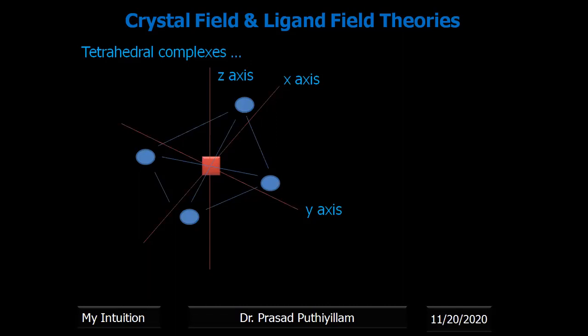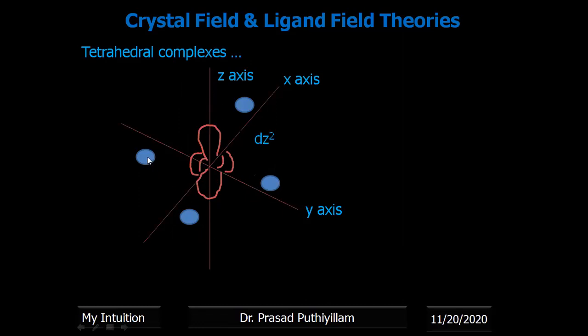And in case of the tetrahedral complex, take the dz square that we tried to draw in the octahedral complex. So dz square. Very good, so I got the dz square shape. It is not pointing towards the charge centers.